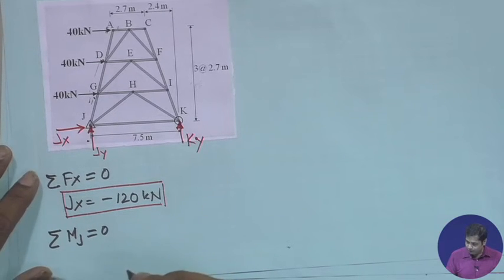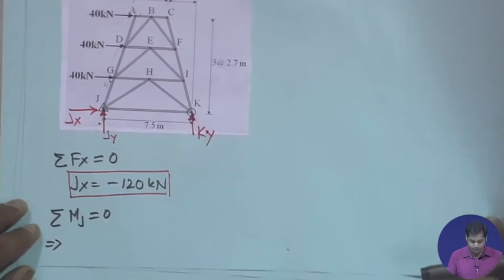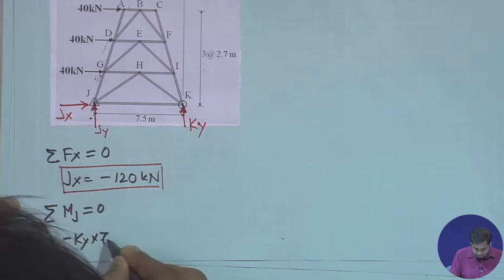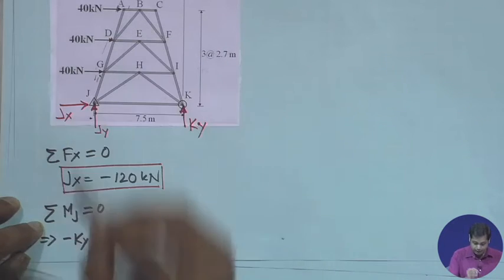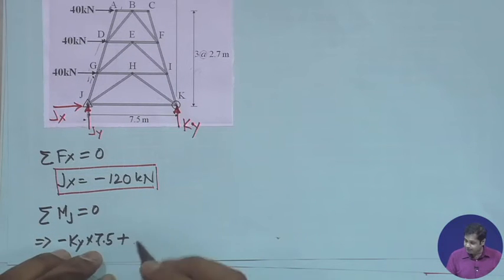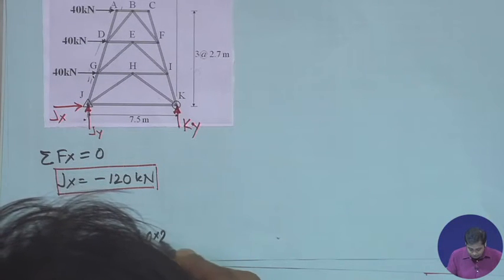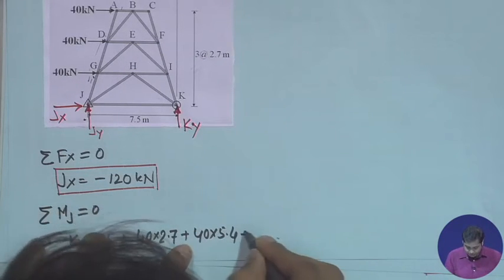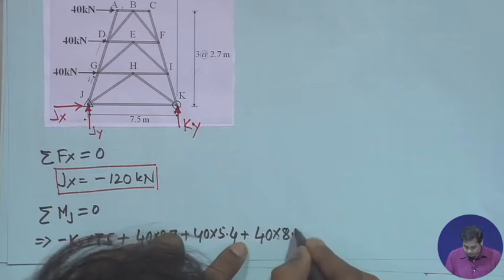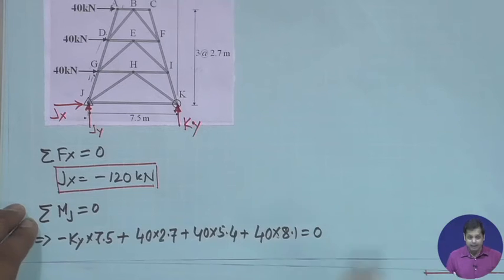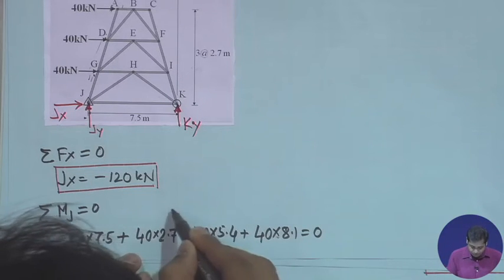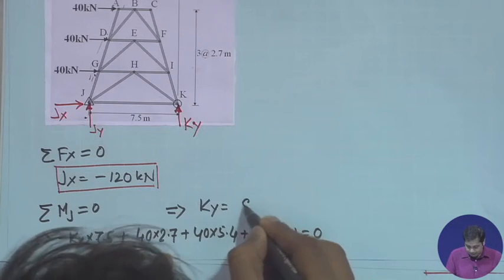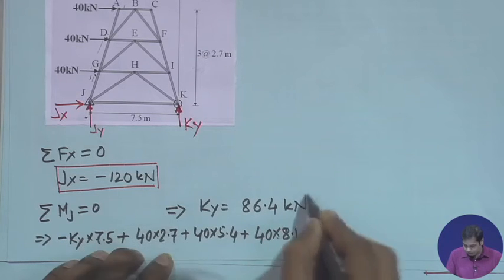So, minus Ky into 7.5, this is anti-clockwise, that is why it is minus, plus 40 into 2.7 plus 40 into 5.4 plus another 40 into 8.1, equal to 0. That will give you Ky is equal to 86.4 kilonewton.